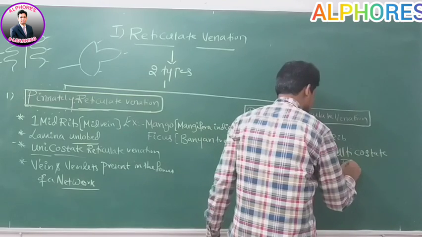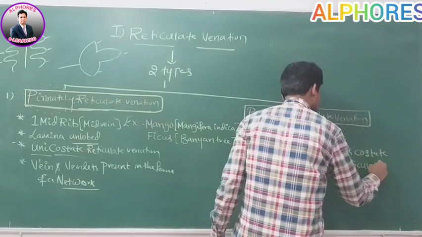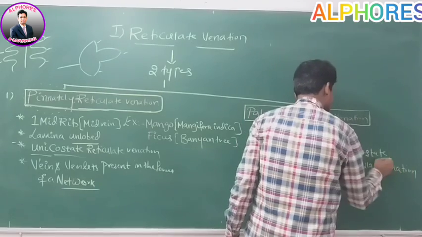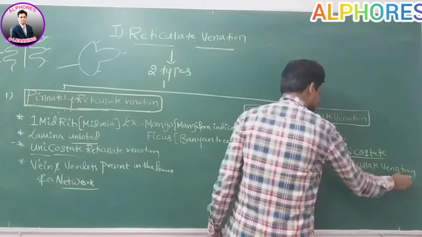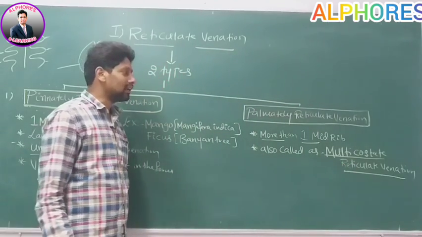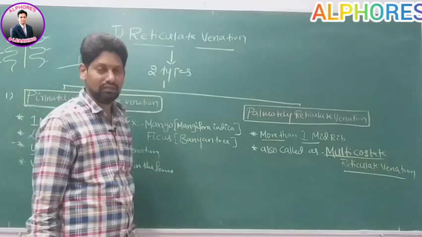Multicostate reticulate venation. Which venation, sir? Palmately reticulate venation is also called as multicostate reticulate venation. Is it okay?